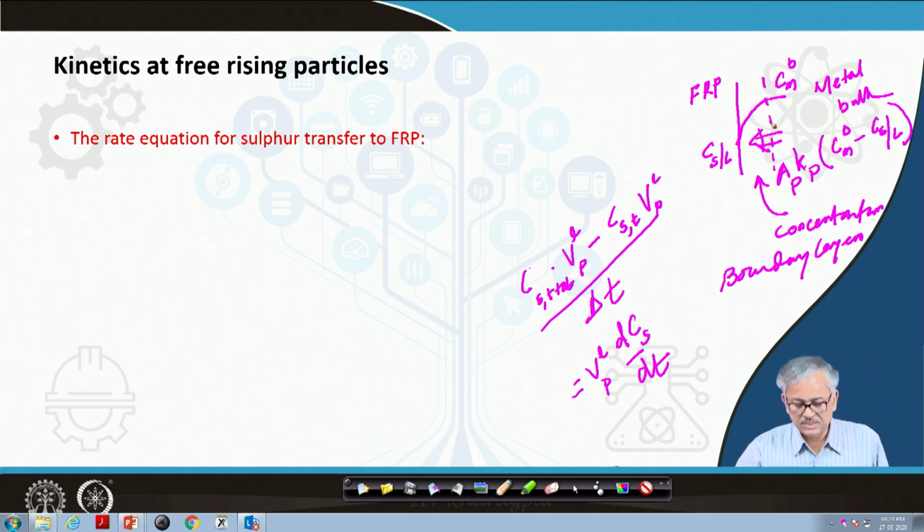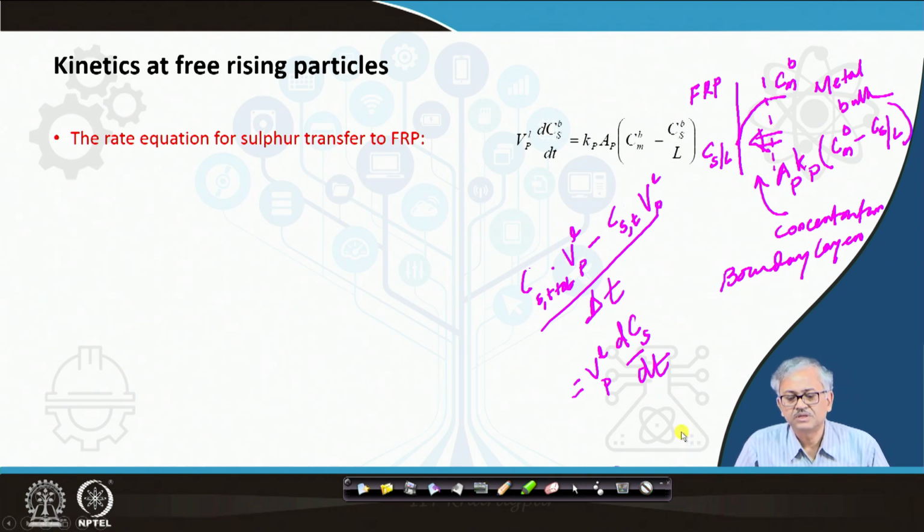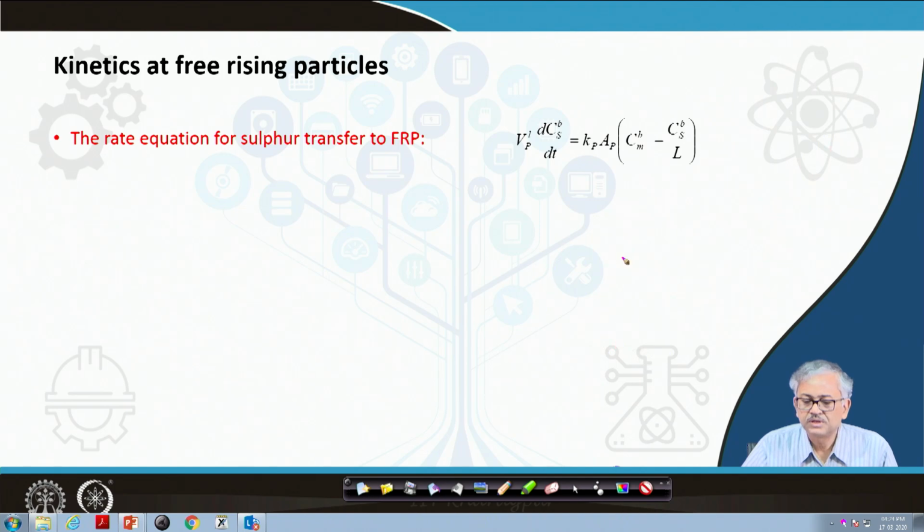So if I do this mass balance, we will get this equation: VPL, gain of impurity by the FRP per unit time, dCS by dt, is equal to the mass per unit time crossing the concentration boundary layer. If I make a flux continuity, that is mass continuity, the amount of impurity crossing the concentration boundary layer at the FRP liquid interface should be equal to the amount of impurity gained by the FRP.